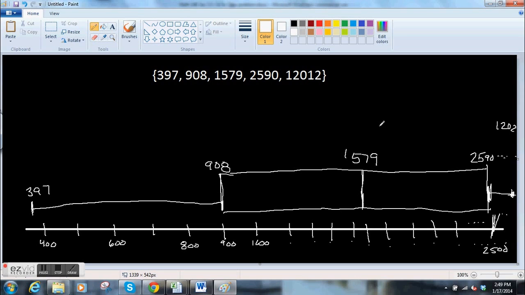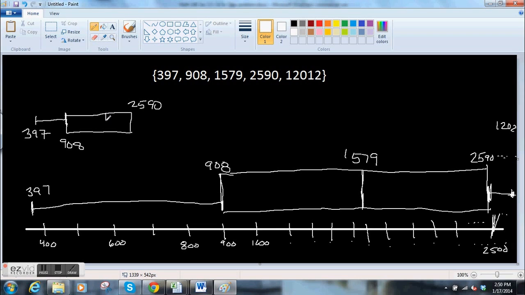Okay, I'm going to draw a better one for scale. So this would be more like this. 397, 908, exciting, isn't it? Up here we have 2,590.